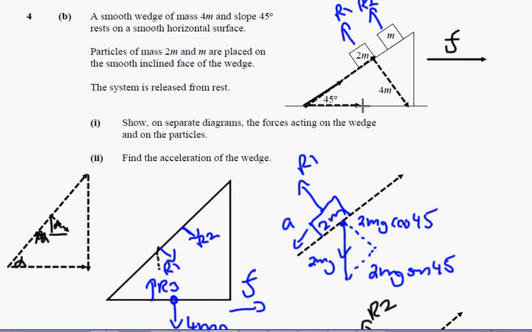I make the hypotenuse of this triangle F. Because the hypotenuse is F, we have two components of acceleration. The first component is F cos 45 going up, and F sin 45 going down.